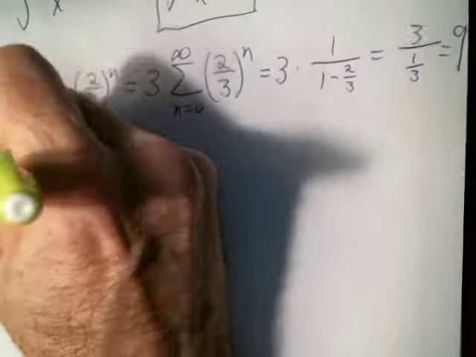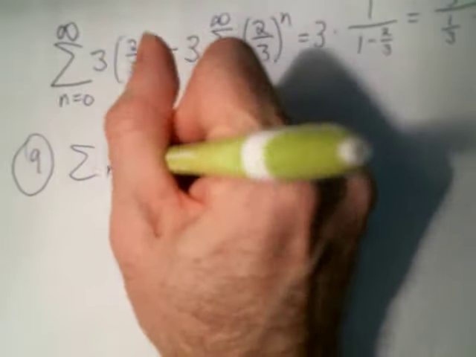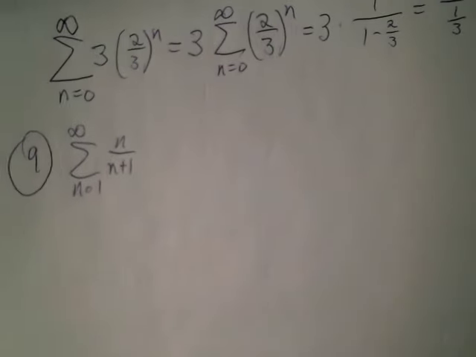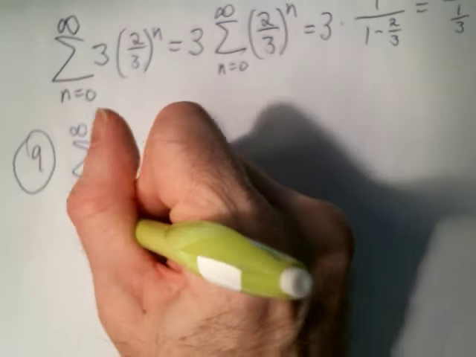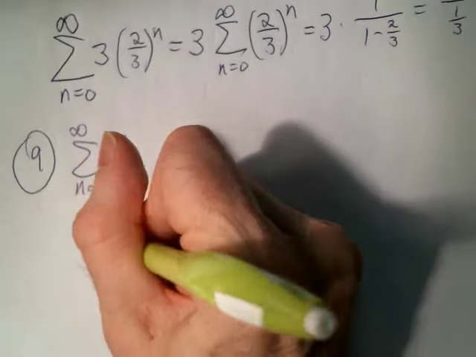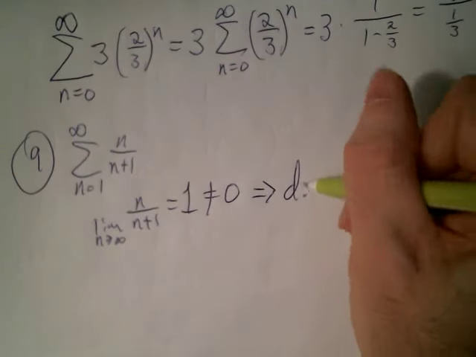Let's look at some of the ones in the book. Number 9, the sum of n all over n plus 1 from n equals 1 to infinity. If you take the limit of n over n plus 1, what do you get? Well, you get 1. This is not equal to 0. That tells me it's divergent.